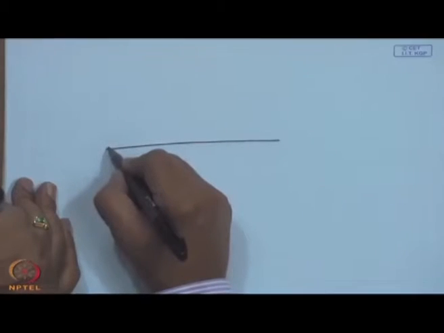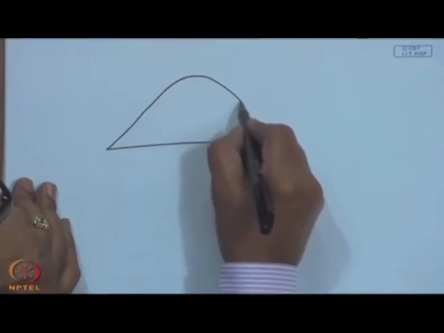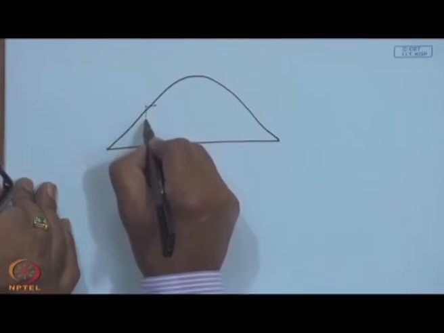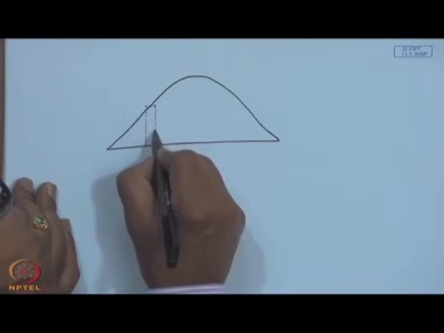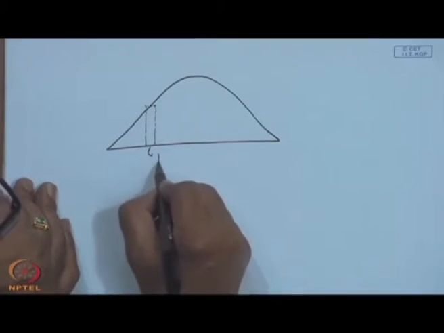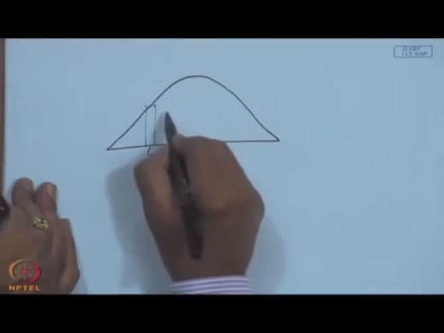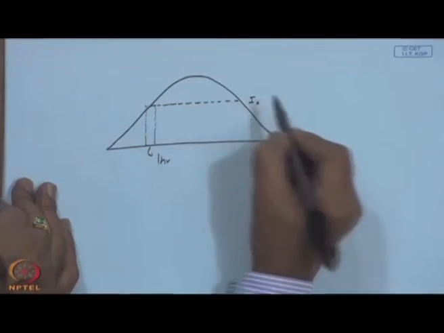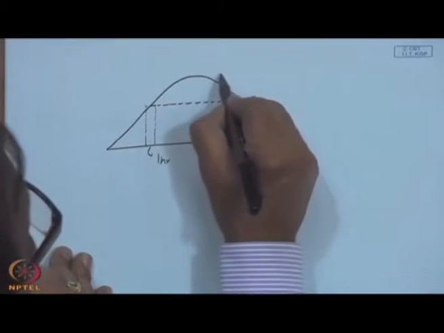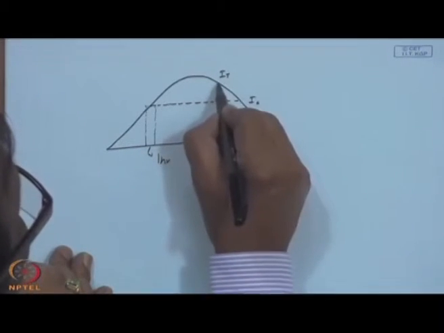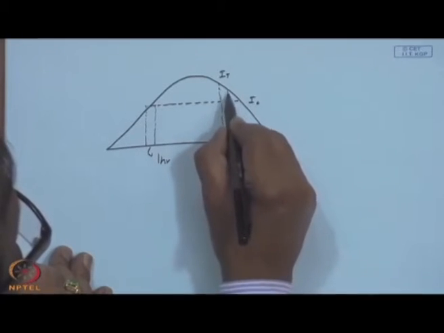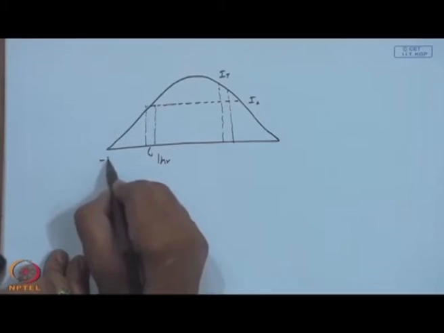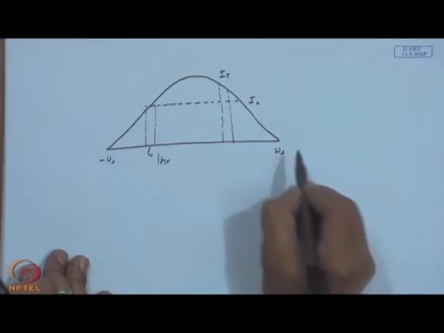So, with reference to the previous diagram, what we really calculated is maybe something like this. This is 1 hour and this is continued, and that is what I am saying as IC, or else this is IT. IT is each hourly interval, minus omega s to plus omega s.